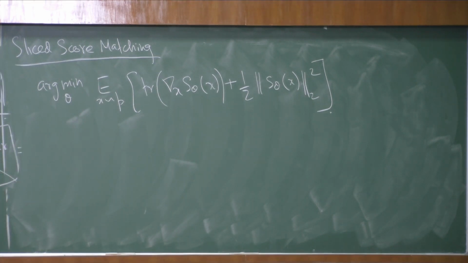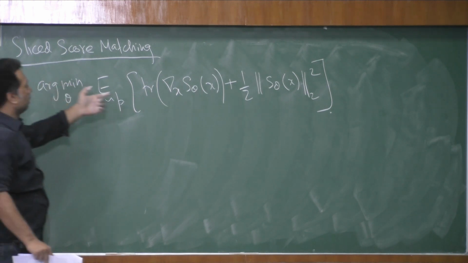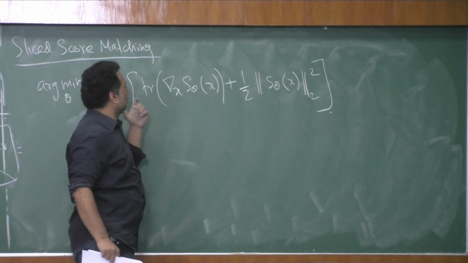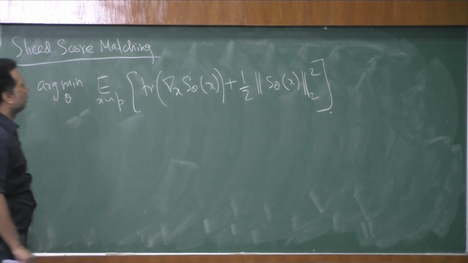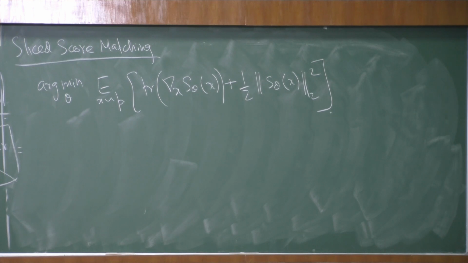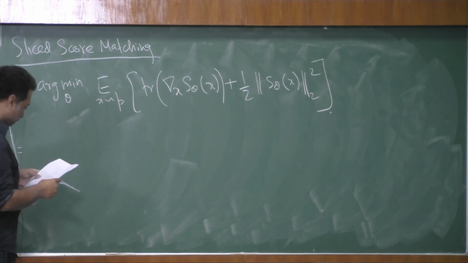So we have said that score matching and minimization over theta boils down to this. The previous one was not tractable. This is tractable in the sense that at least I can compute this, but maybe we can improve further on this. That's the goal of the next topic called sliced score matching.